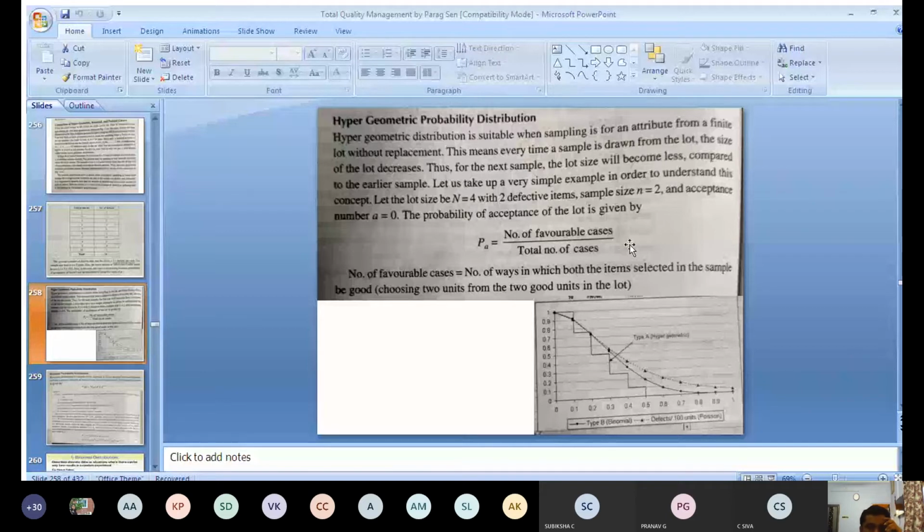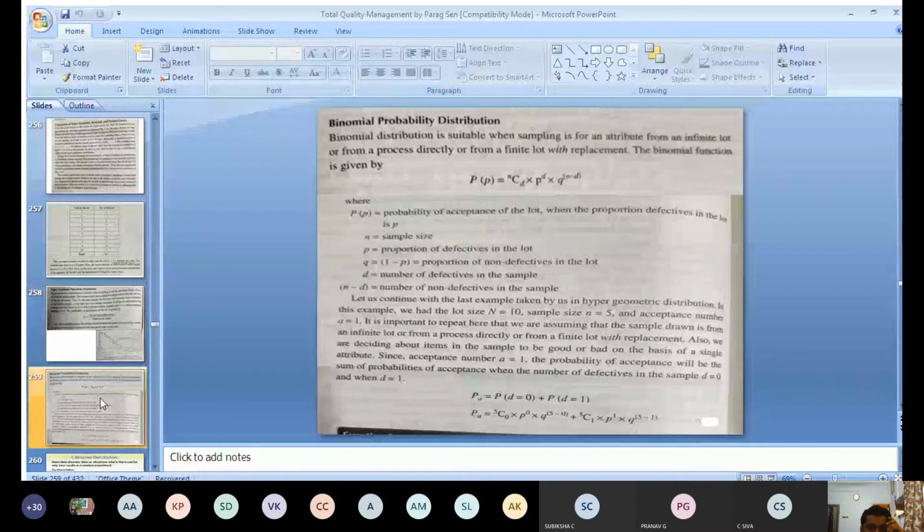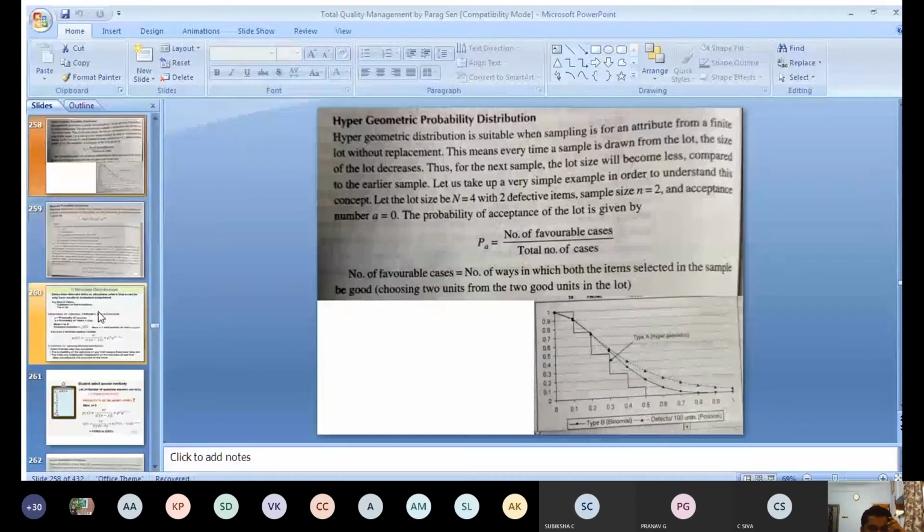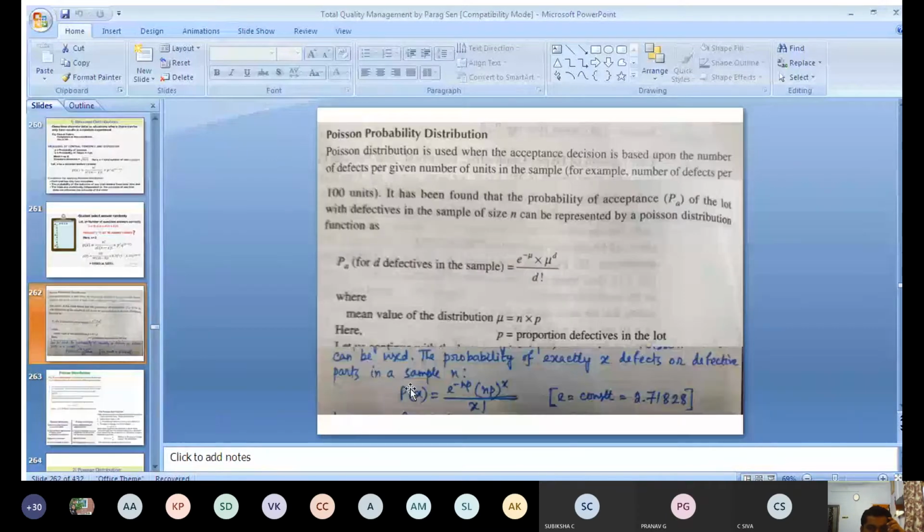But in case of binomial distribution, the probability of acceptance will be given by using this formula. The formula is represented here. And in case of the Poisson distribution, the probability of acceptance will be given by using this formula.